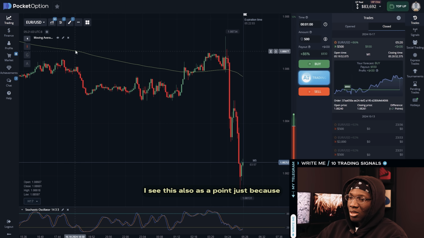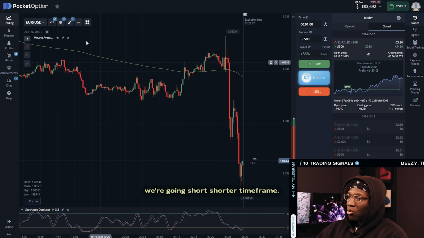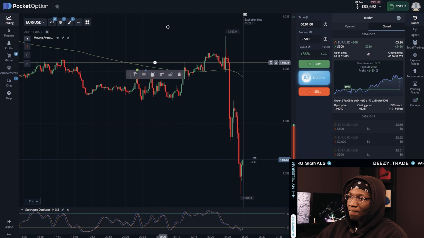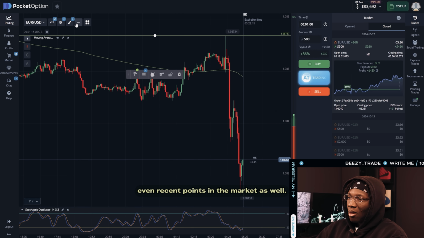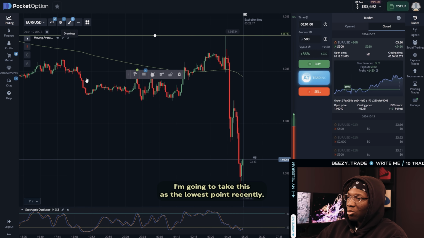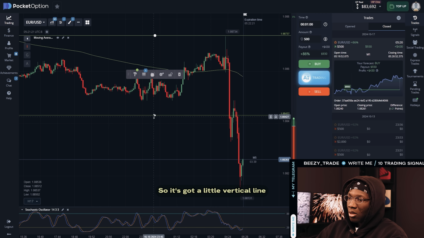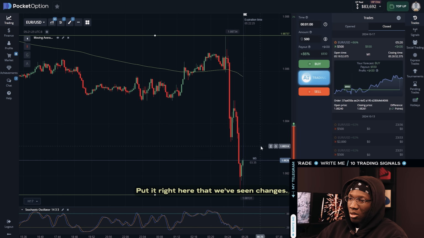I see this also as a point, and because we're going to a shorter time frame, I like to put even recent points in the market as well. I'm gonna take this as the lowest point recently, so it's got another vertical line right there. Put it right here.